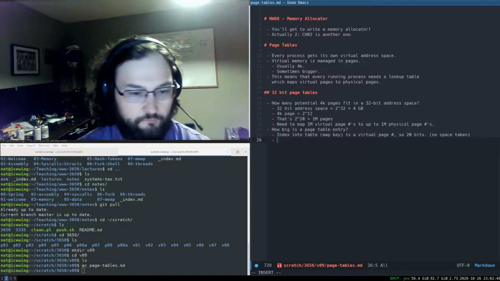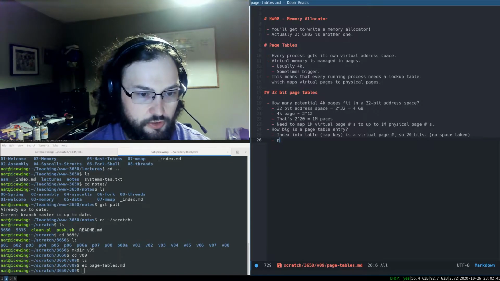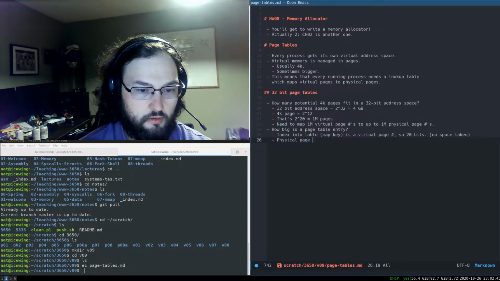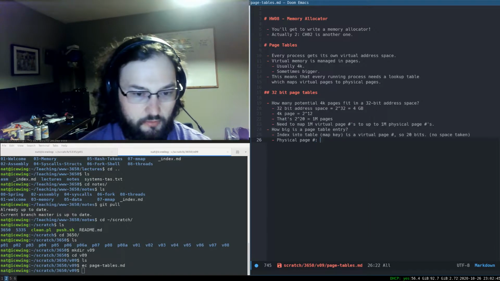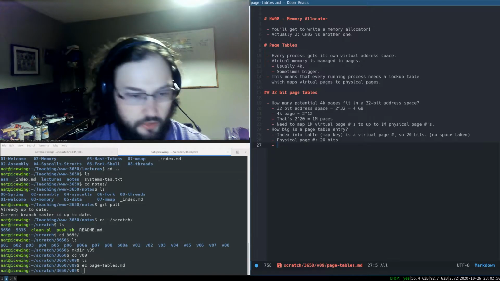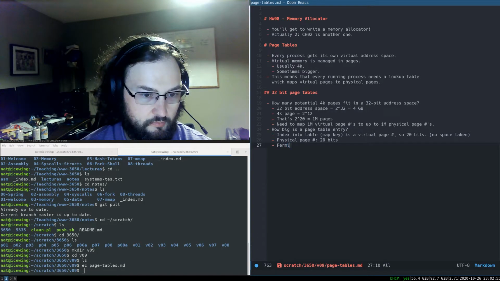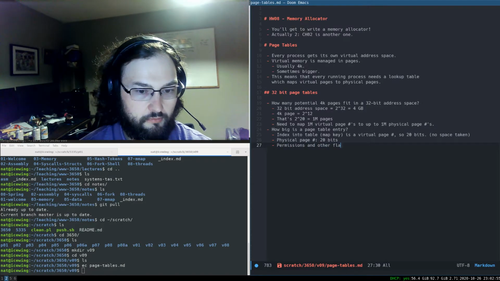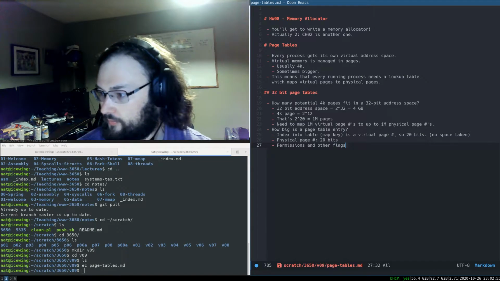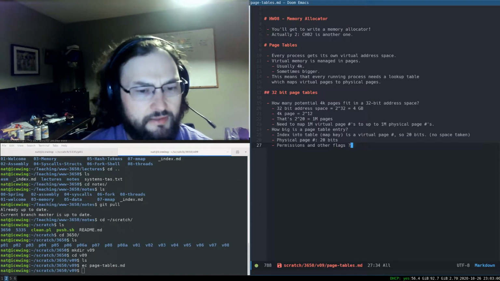So then in the table, we also need a physical address, or a physical page number, which is also a 20-bit number. Then we need permissions. And some other flags.